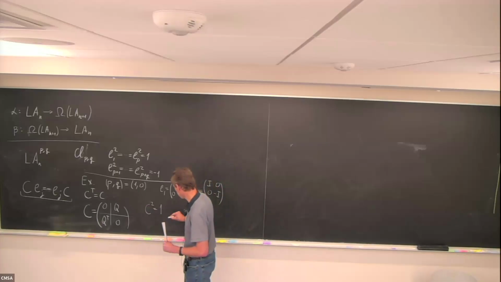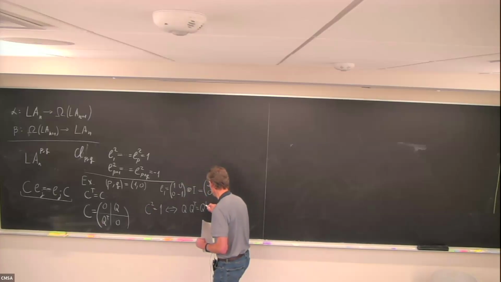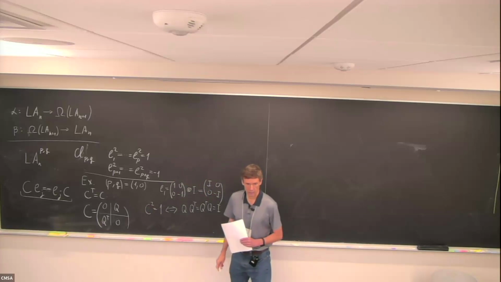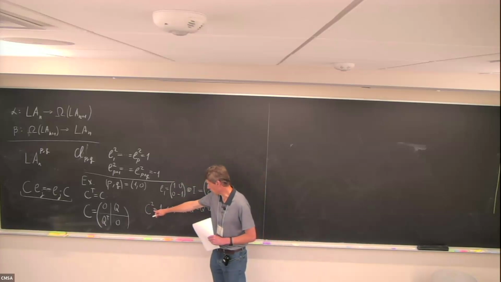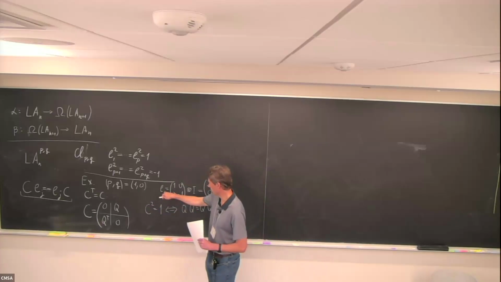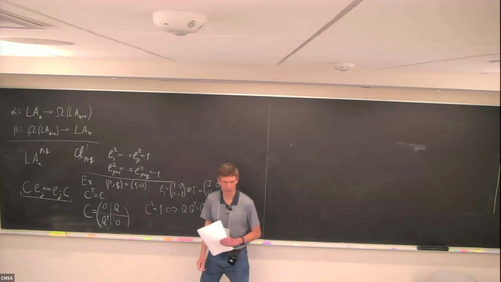And this is equivalent to saying that Q transpose Q is identity. Symmetric matrices with one Clifford symmetry are equivalent to orthogonal matrices.